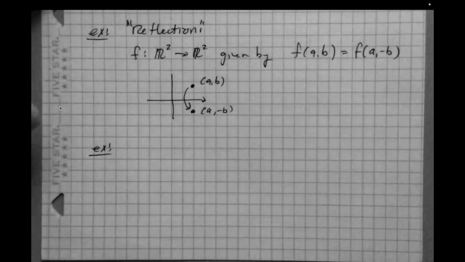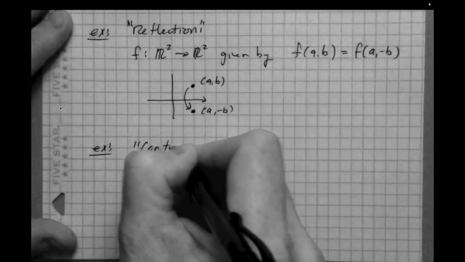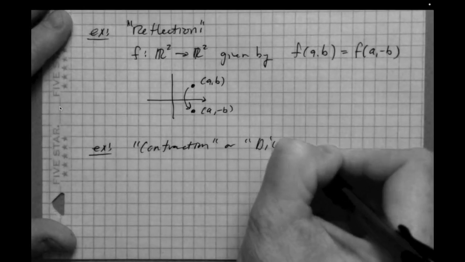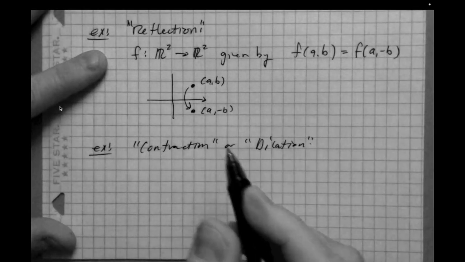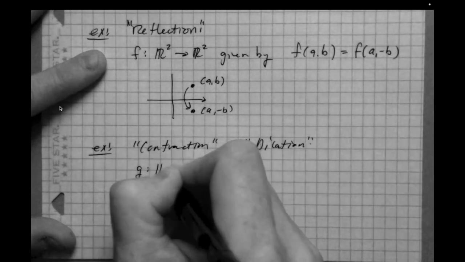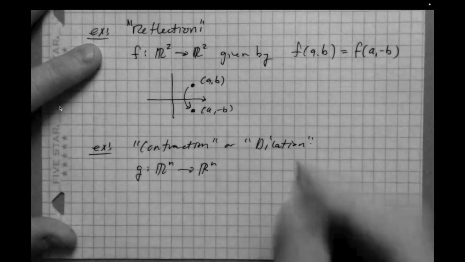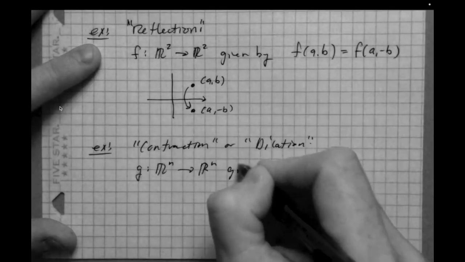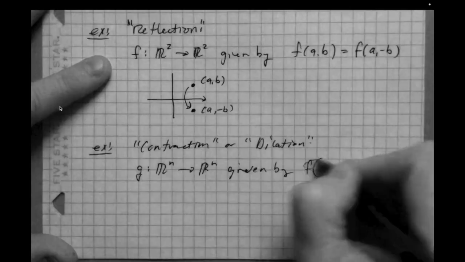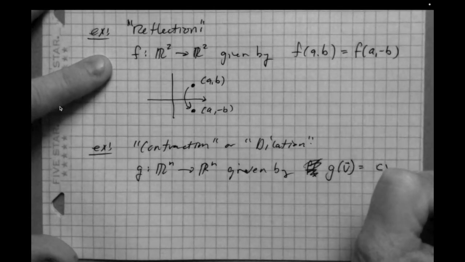How about this next one? It's called a contraction or dilation, depending on how you set it up. This is a function, we'll call it g, from Rn to Rn, given by g of v equals c times v.